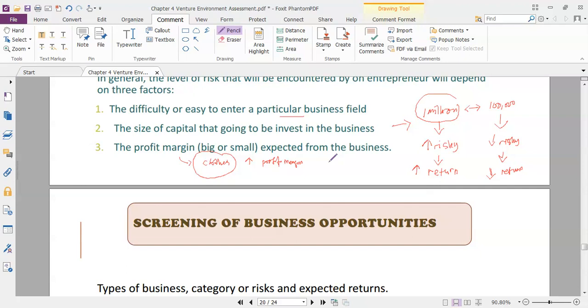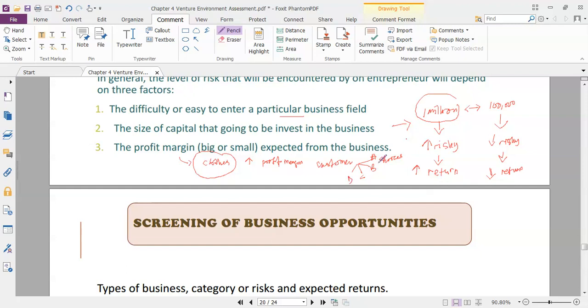Okay, sebab apa? Ramai. The customer has a lot of choices out there. Dia boleh beli dekat kedai A, B, C. Kalau tengok baju, contoh baju kurung, dia boleh beli dekat kedai A, kedai B, benda yang sama.